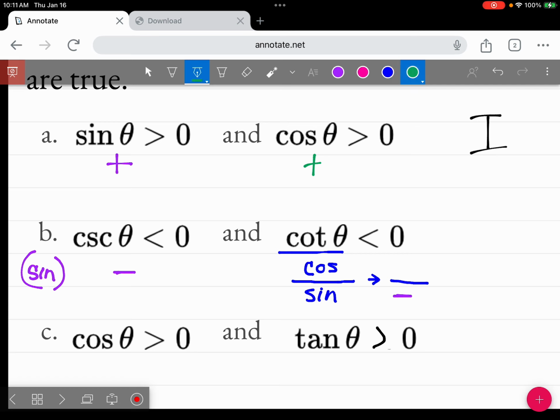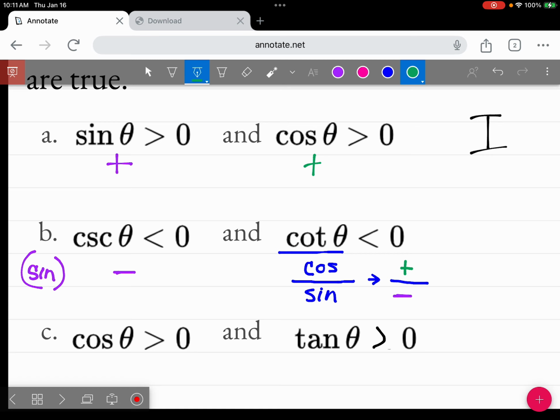What's cosine going to be? Positive. Because I need cotangent to be negative. That means only cosine is going to be positive. Because if cosine was negative, tangent would be positive, and cotangent would be positive.